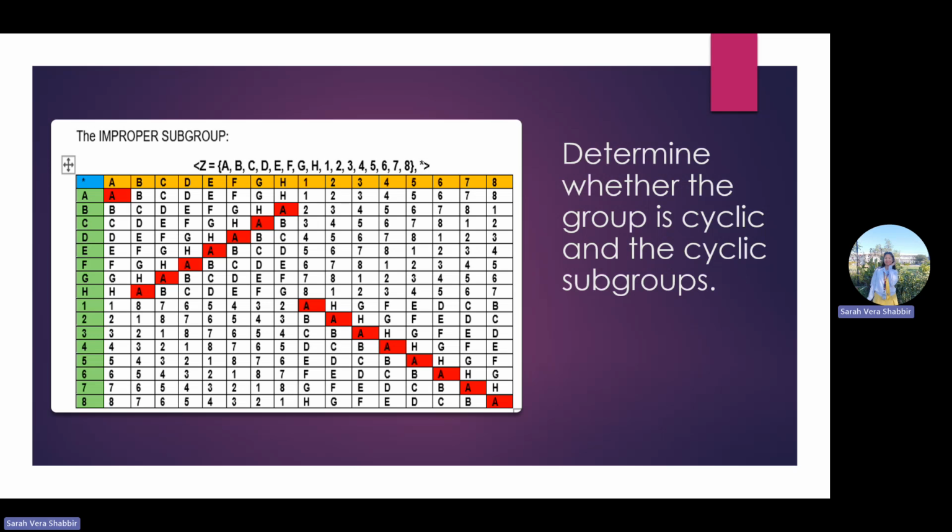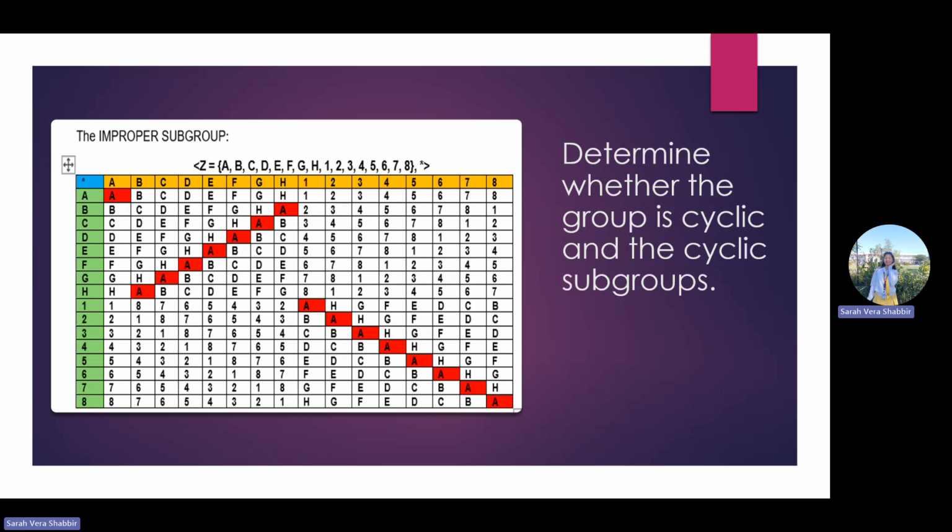Therefore, even if we no longer compute the generators, we can conclude that this group Z, this improper subgroup, is not cyclic since it's not abelian.